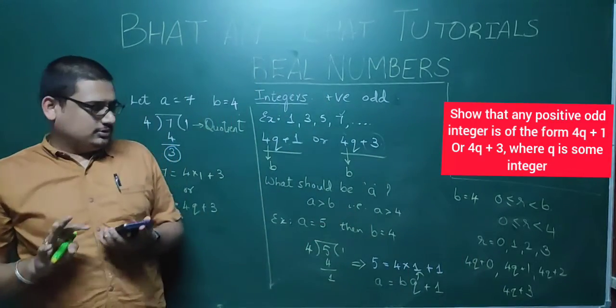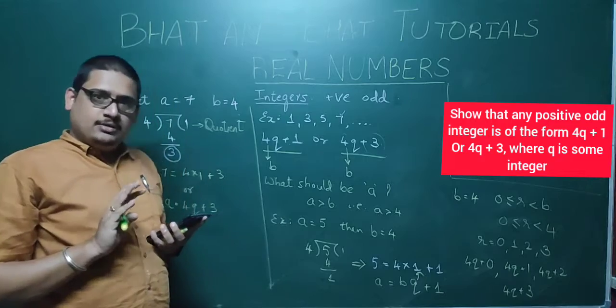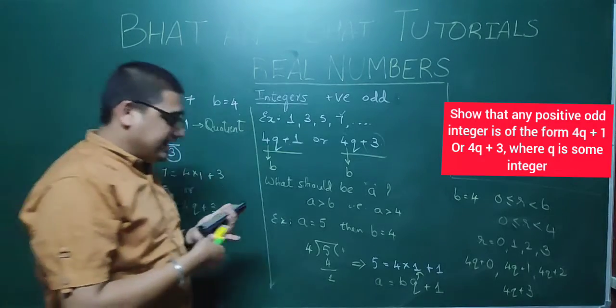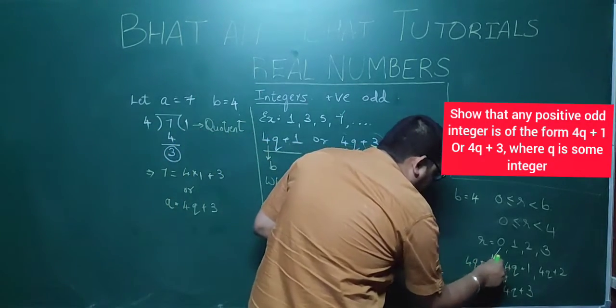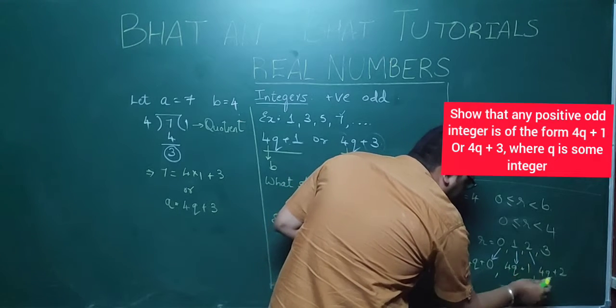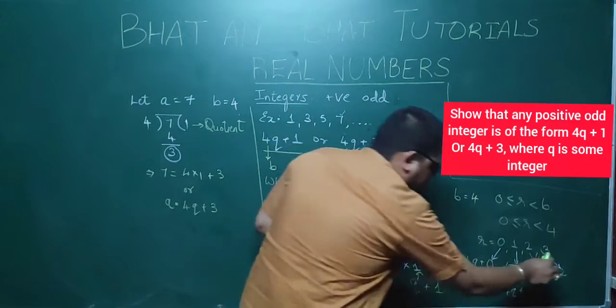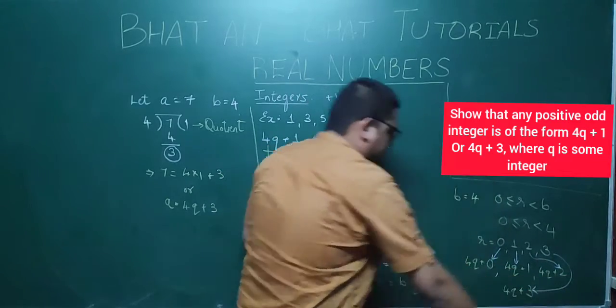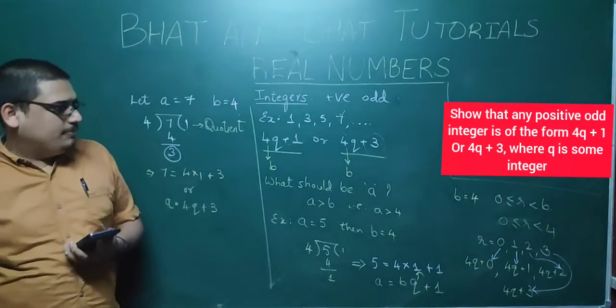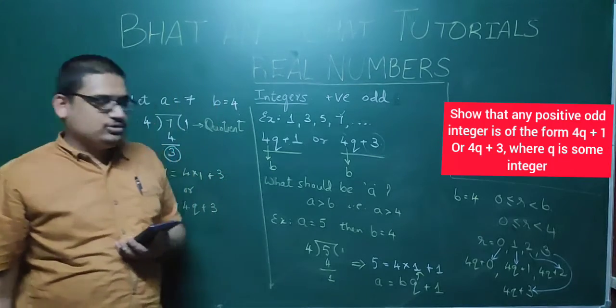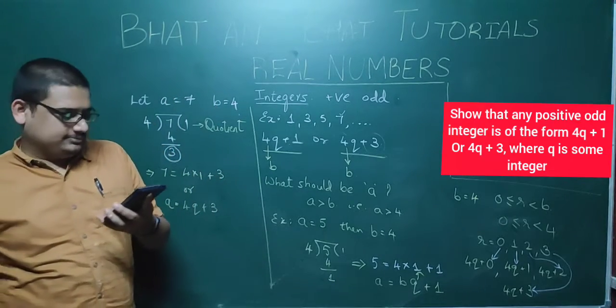Am I right? Only these are the possibilities, because I have taken the remainders and substituted them in the standard Euclid's division lemma.